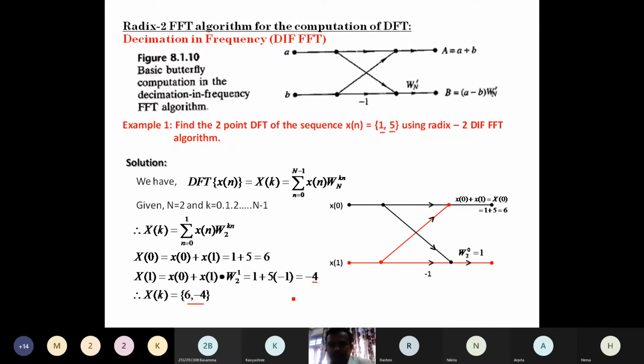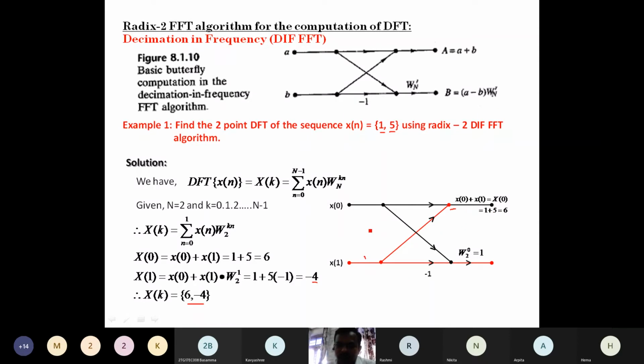Now calculate capital X0, the computation of the first element of the DFT. According to this butterfly approach, the output line is the summation of two input lines. The first input line is x0 and the second input line is x1. All line values moving towards the first output line are 1 only.